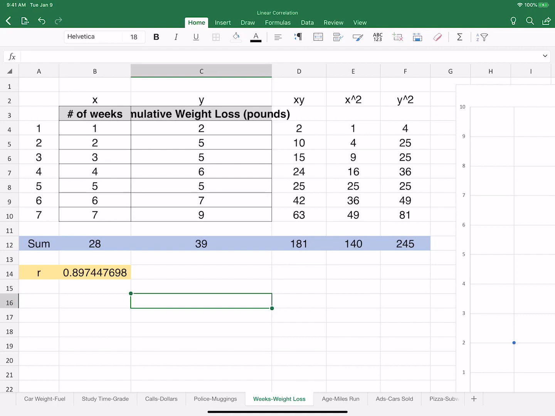All right, you guys okay with that? So what's this R value going to be? It's approximately 0.897. Let's verify that that's what we get. Did you guys copy down all the information you need?